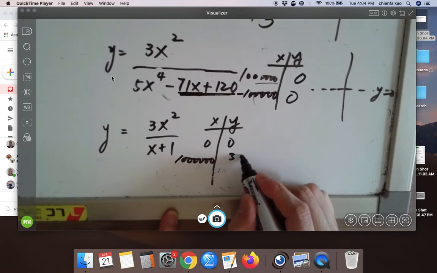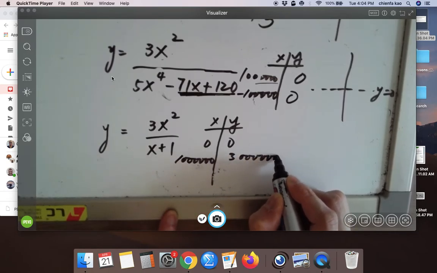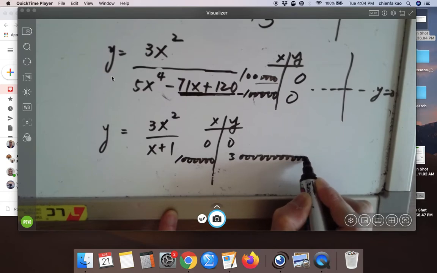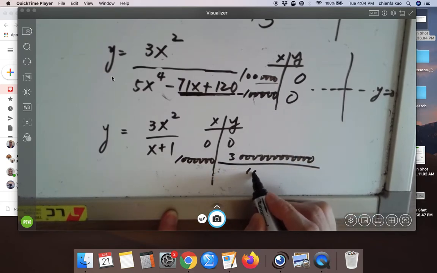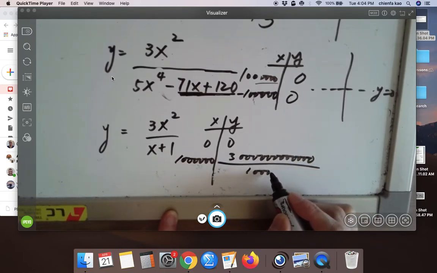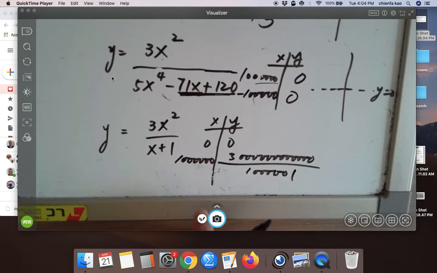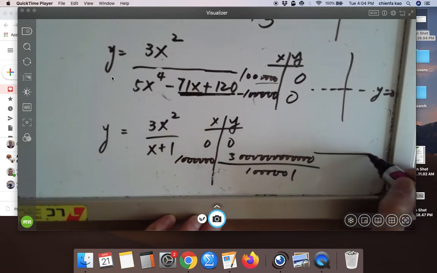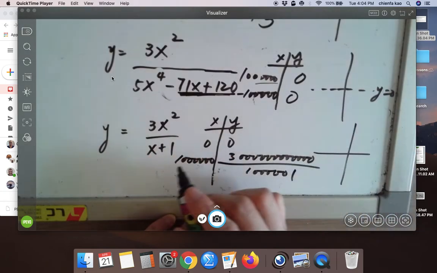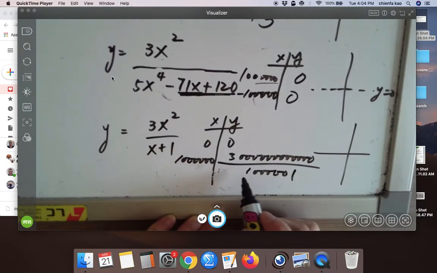You will get 3, 1, 2, 3, 4, 5, 6, 7, 8, 9, 10, 11, 12 over 1, 2, 3, 4, 5, 1. This number got bigger when this number got bigger. So what I'm trying to tell you is that this one does not have a horizontal asymptote, because when x gets bigger, y gets bigger.